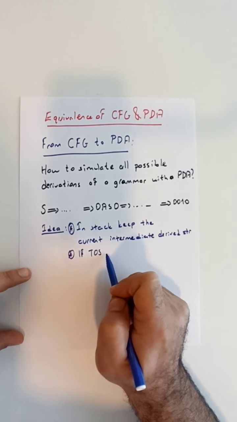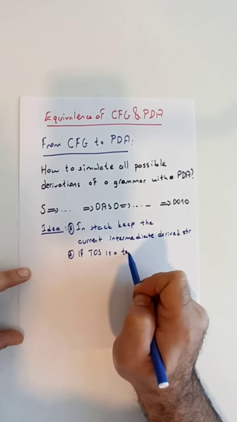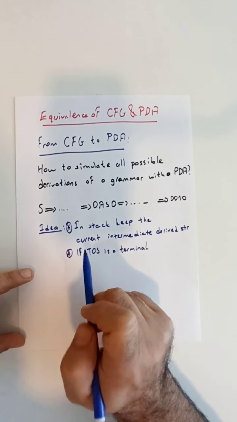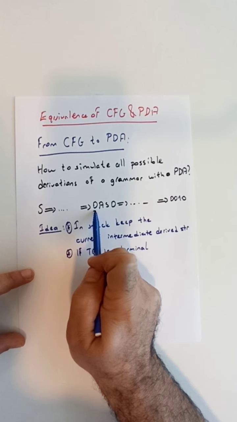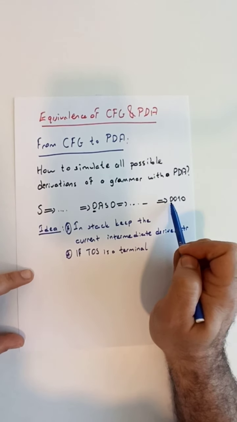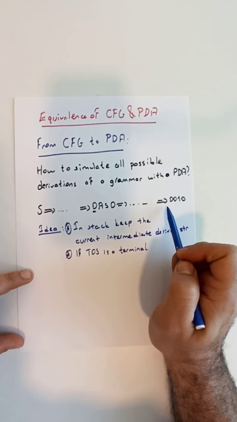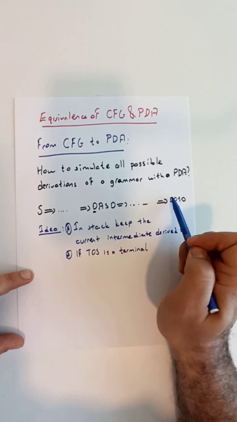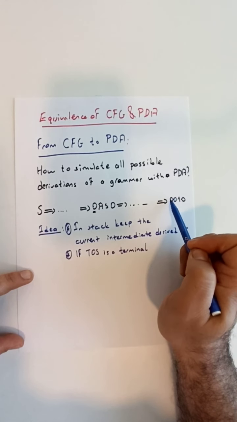If the top of stack is a terminal, we will try to match this terminal at the top of the stack with the current symbol under the tape head. Let's say this is our input string, and the tape head is on the first symbol 0.